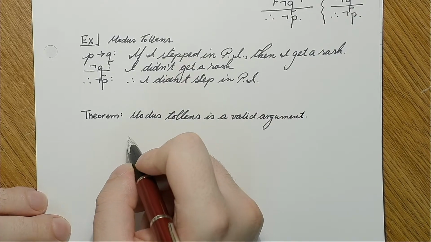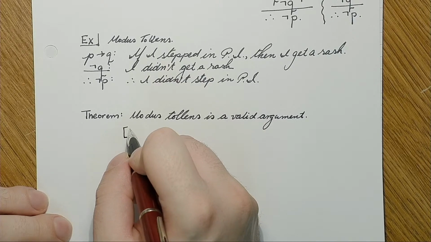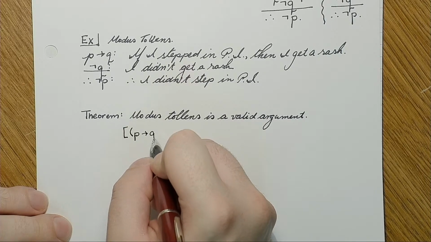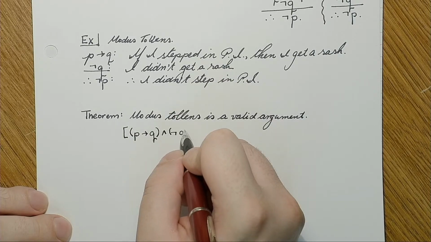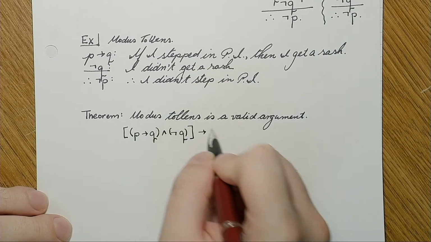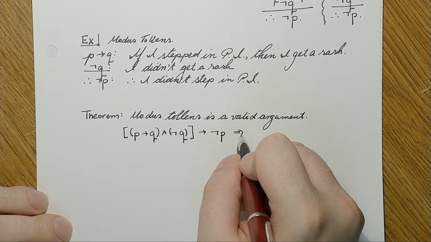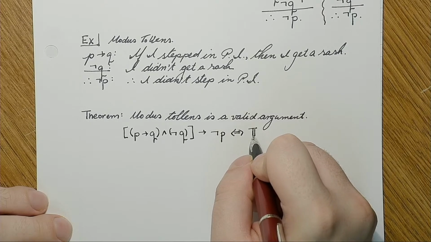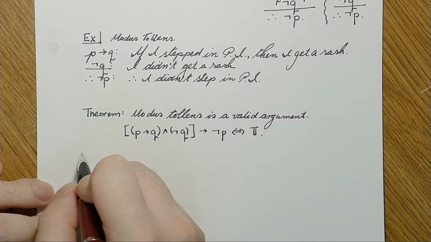Or in other words, we can say that the premises, P implies Q and not Q, implying the conclusion not P, is logically equivalent to a tautology.